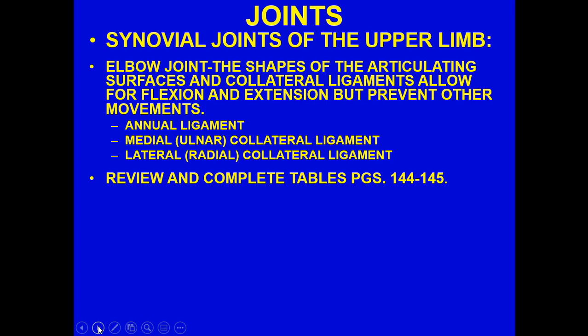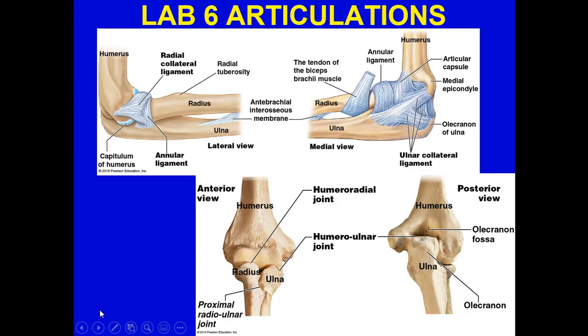The ligaments that play a role in this elbow joint include the annular ligament, medial and lateral. The medial is the ulnar collateral ligament. The lateral part would be the radial collateral ligament. And you can review the tables on 144 and 145, fill them out.